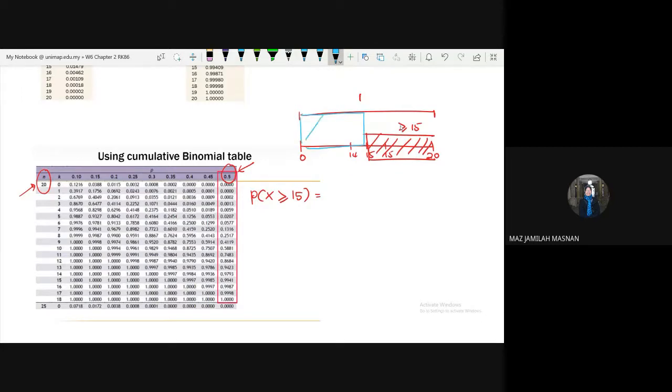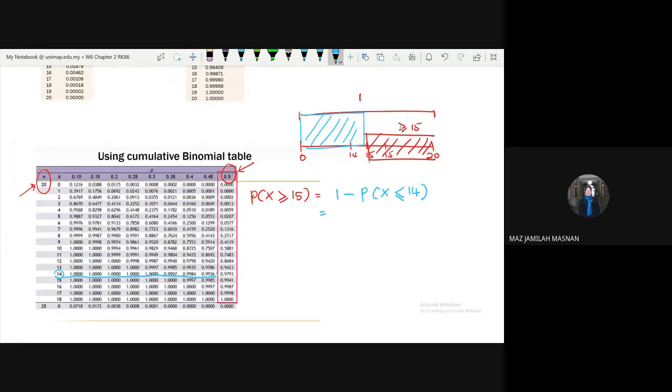So 1 minus P(X less than or equal to 14 or 15)? Since 15 is included, then you are talking about 14. So then for n = 20, look for 14.